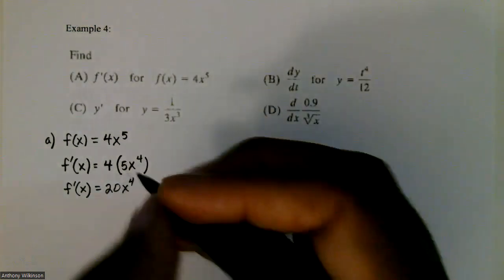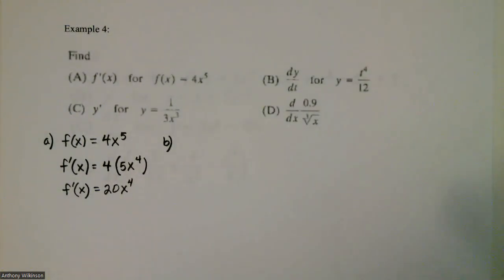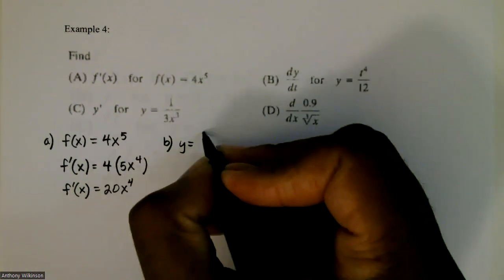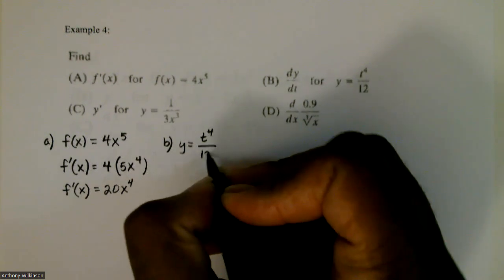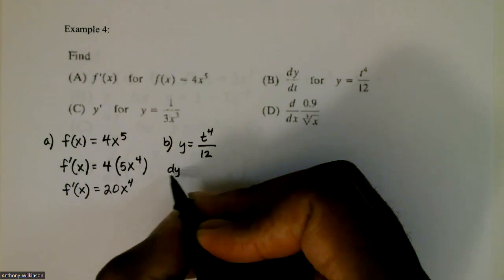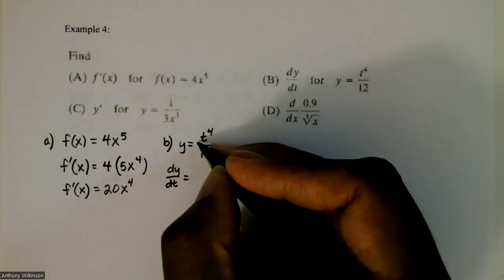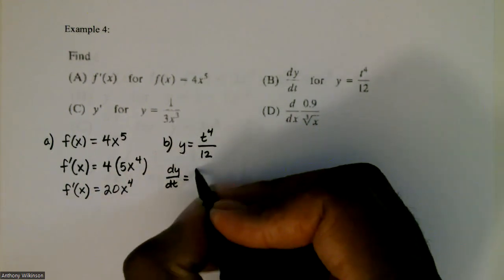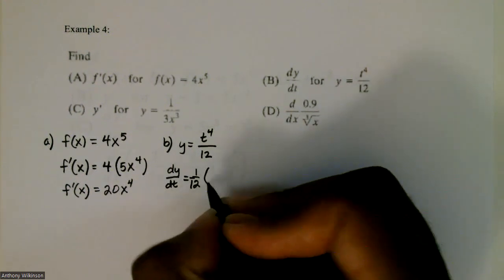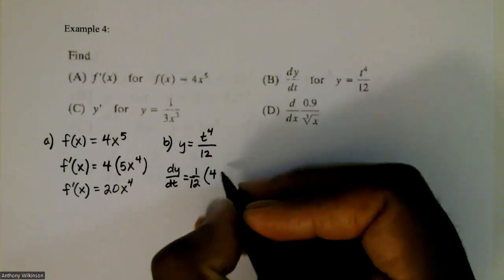All right, part B. Here we got y equal t to the 4th divided by 12. Okay, and if I want to find dy dt, there's like a 1 in front of the t, so this will be like 1 over 12. Then I can take the derivative of t to the 4th by bringing the power in front of that t, that'd be 4.